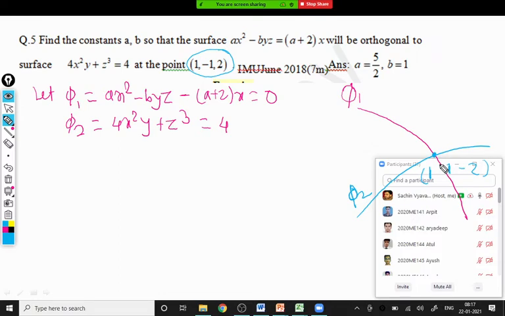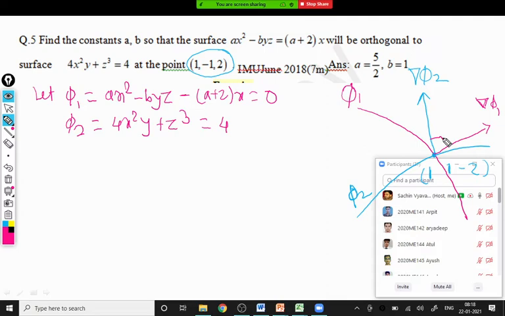So let me say del phi 1. This is del phi 2 actually. This is the gradient of surface phi 2, so it is perpendicular to phi 2 at that point. Similarly, we have del phi 1 perpendicular to surface phi 1. As phi 1 and phi 2 are orthogonal, del phi 1 and del phi 2 should be perpendicular.